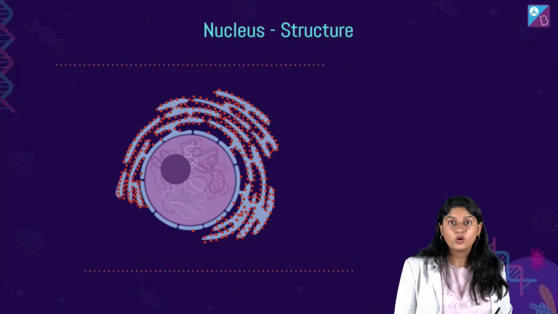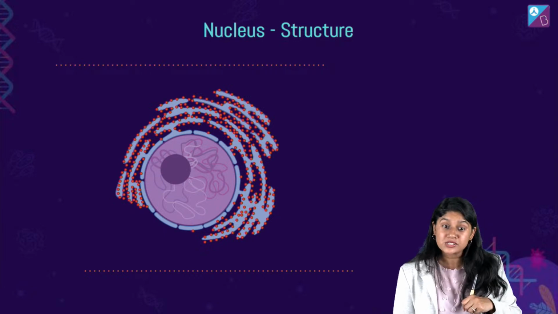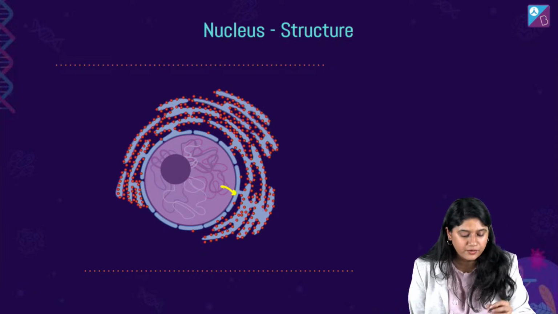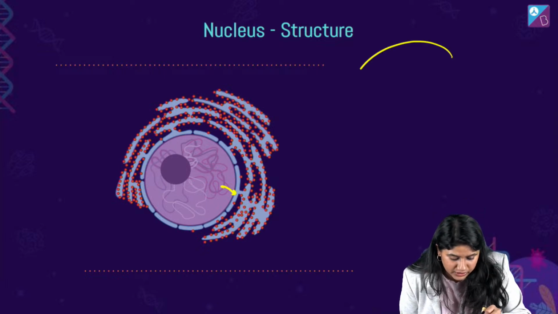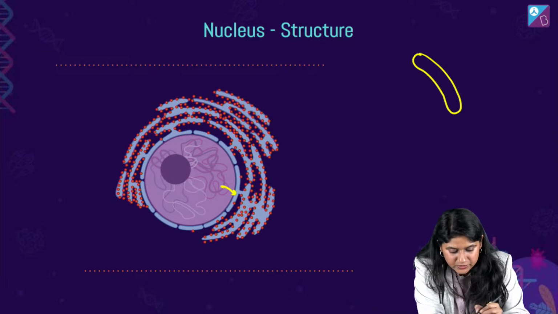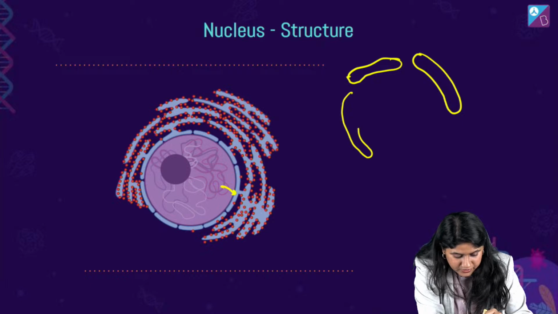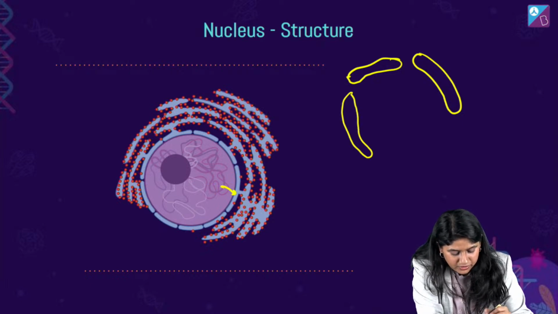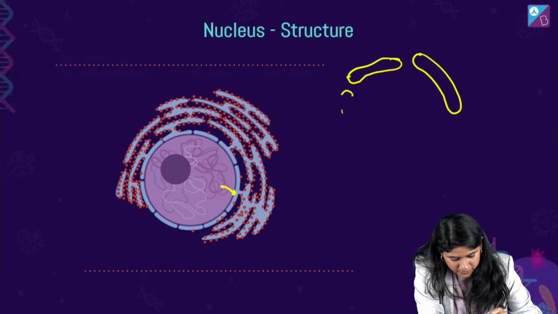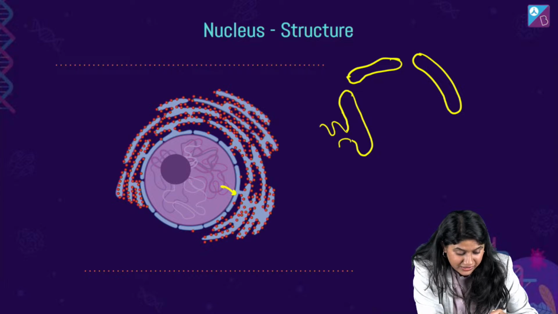If you take a closer look at the nucleus, right, this is how it looks. And if you can clearly see this, they are attached to the ER. So if this is a nucleus, the ER is kind of attached like this.